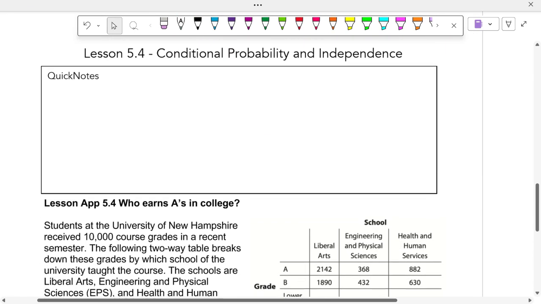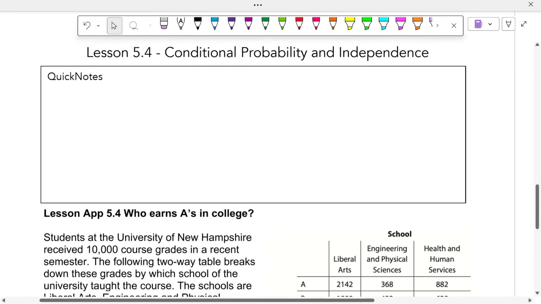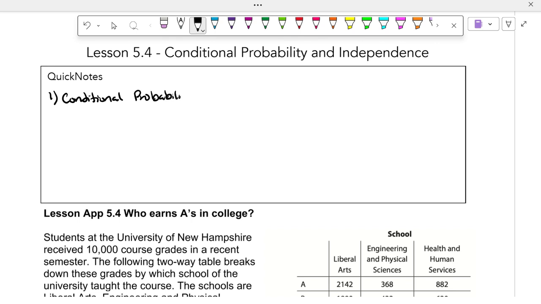So, a couple of quick notes here. All right. So first off, conditional probability, which we read as P of A given B, is the probability of A given B occurred.